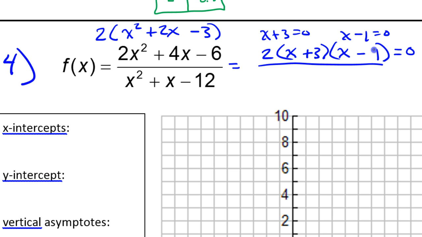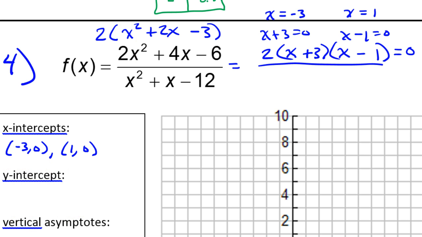Okay, subtracting 3 from both sides, adding 1 to both sides, that's going to give us x equals negative 3 and x equals positive 1. So that means our x-intercepts are negative 3 comma 0 and 1 comma 0.